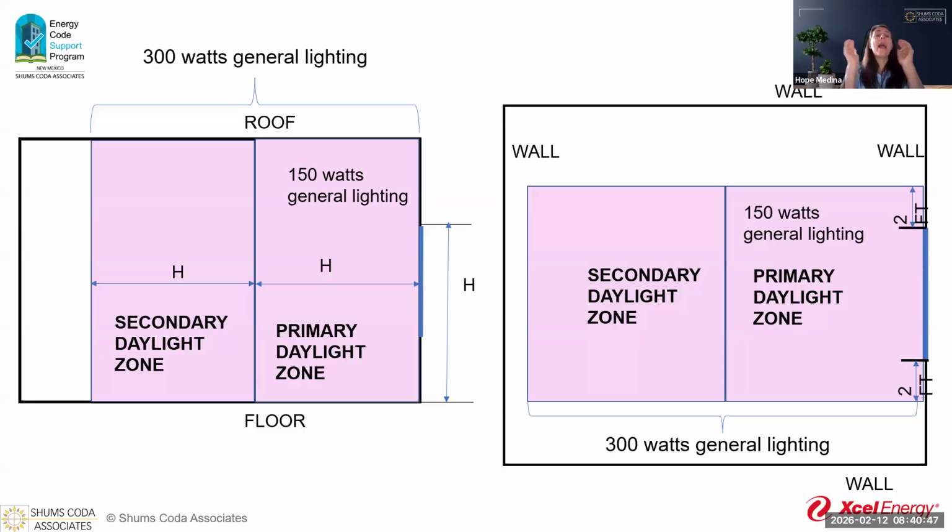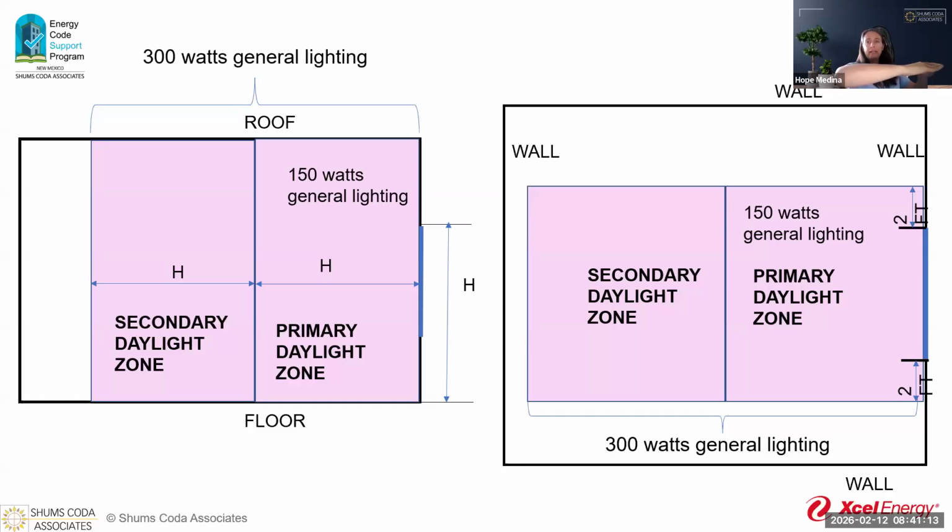But anyway, how we are able to figure out what our daylight zones are going to be is you are going to measure from the floor to the height of the window, and say it's 10 feet. Then we lay it down on the ground, and we measure from the window out 10 feet.